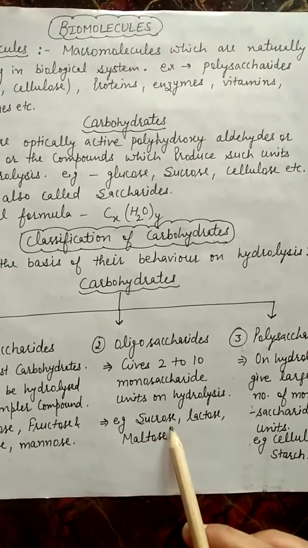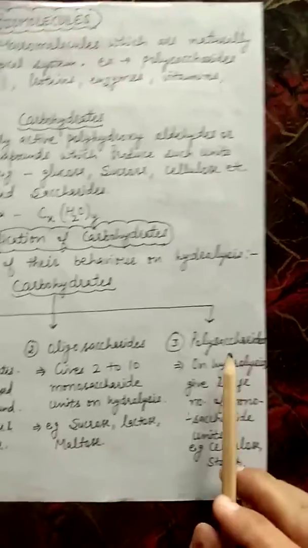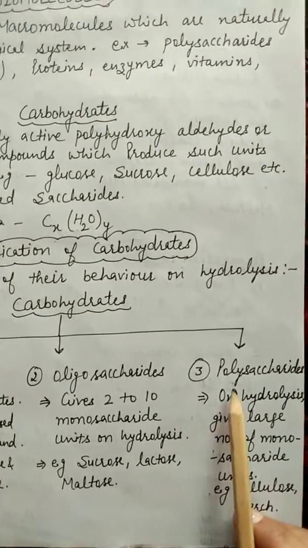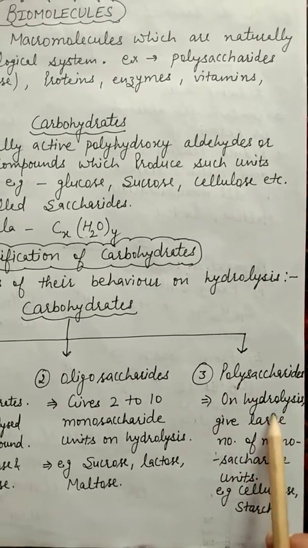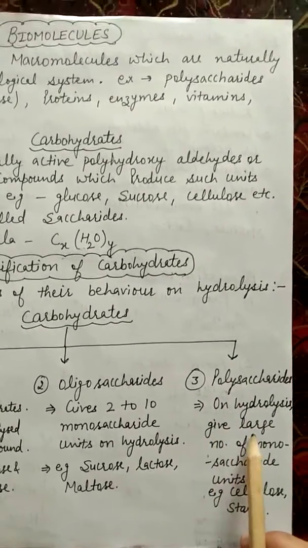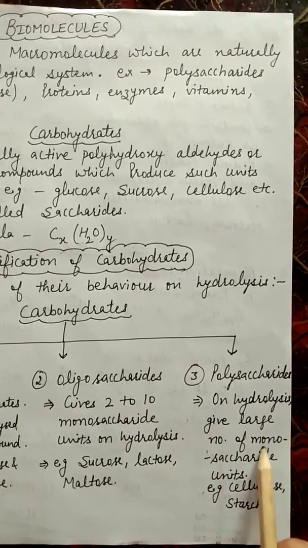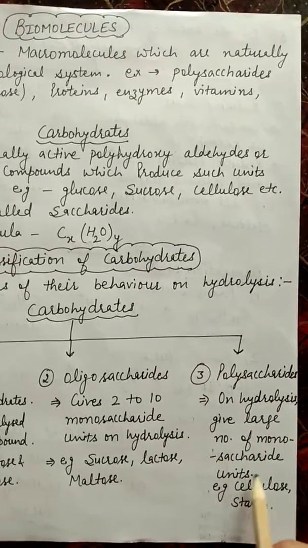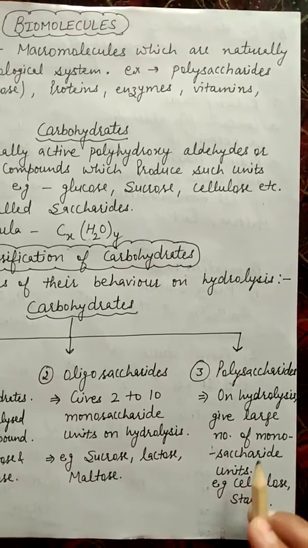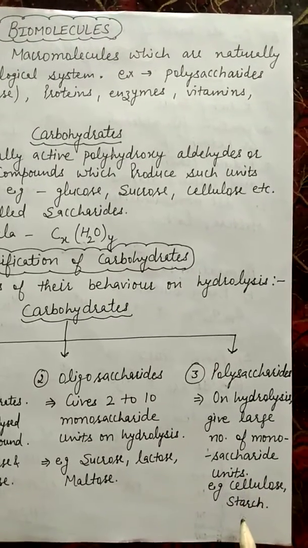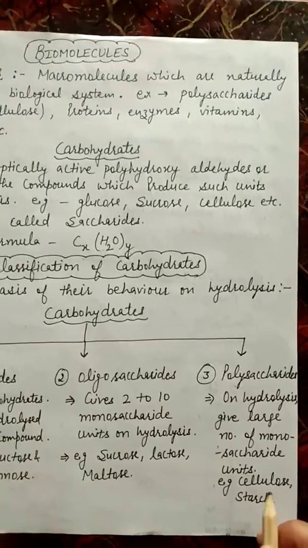All these are sugars. Next are polysaccharides, which on hydrolysis give a large number of monosaccharide units, like cellulose, starch, etc.